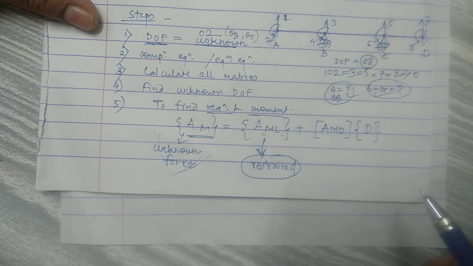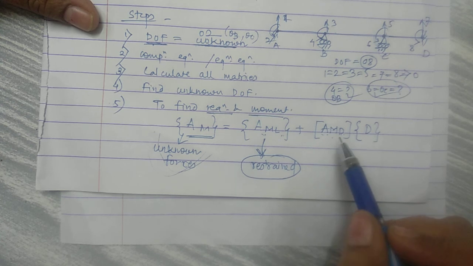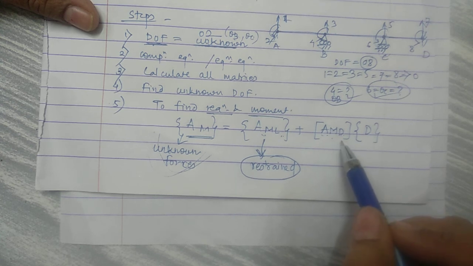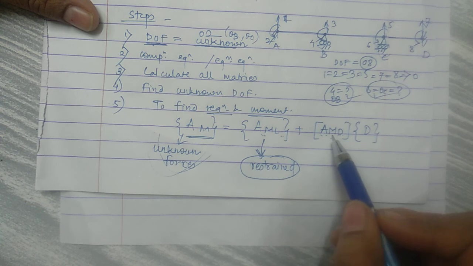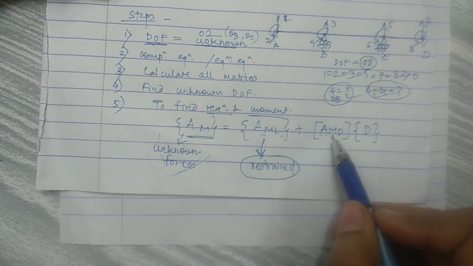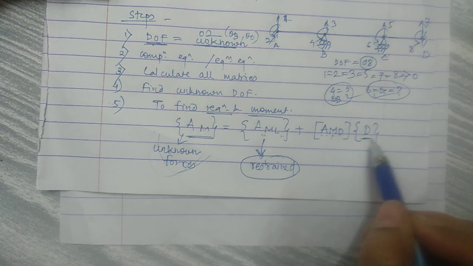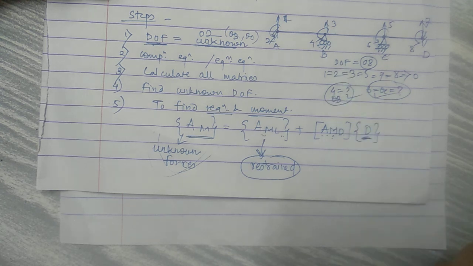This AMD matrix contains the values of unknown moments and reactions in the unit displacement figure, which I will explain when we solve the problem. And the last D is the vector of displacements calculated in the previous step.